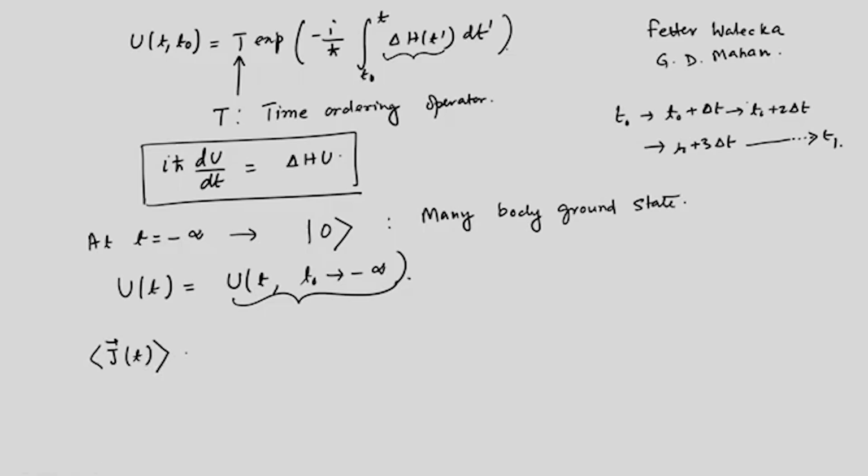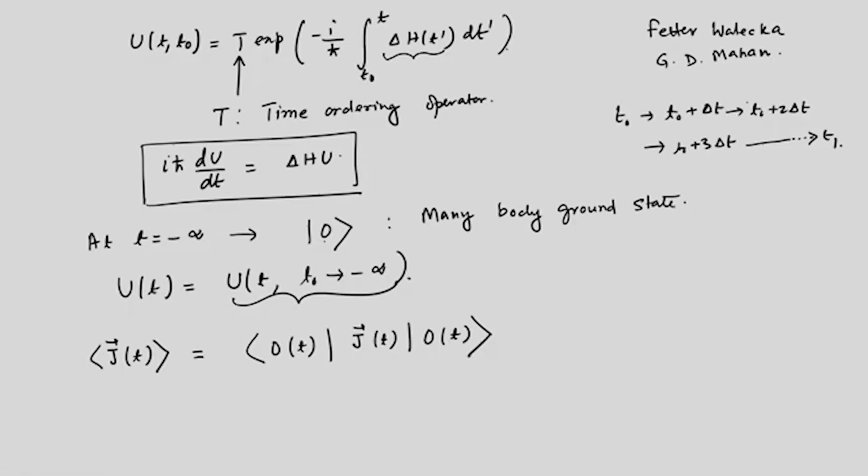This j of t can be calculated within this 0, that is, the many body ground state evolves, and we calculate the expectation value of j of t between the known states.